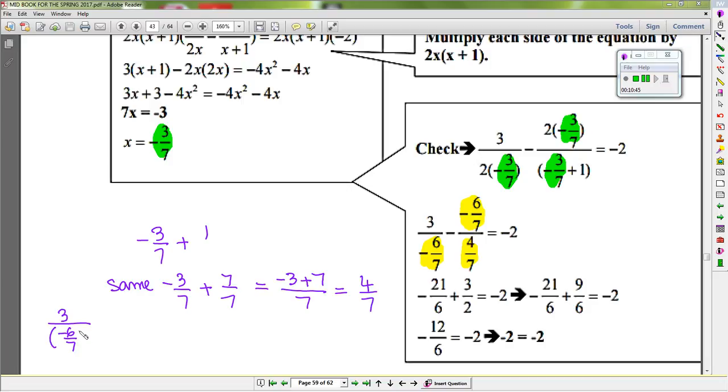When you say 3 divided by negative 6 over 7, you flip and multiply, so it means 3 times 7 over negative 6, and then multiply. That will give you 21 over negative 6. And of course you can bring the negative sign to the front, so negative 21 over 6. So that's what we have right here.